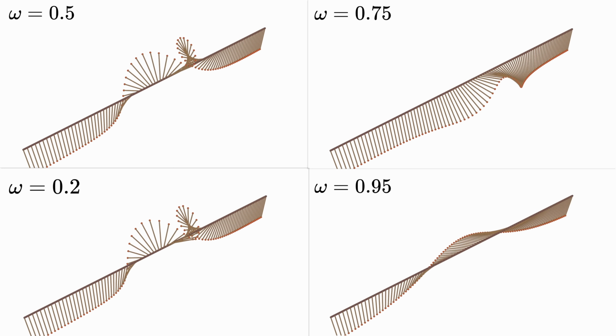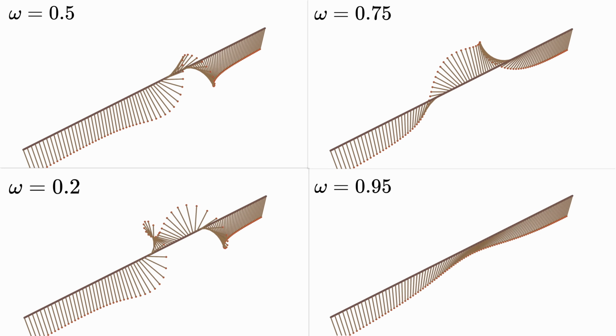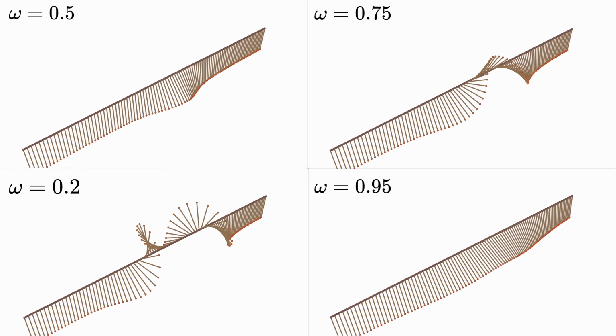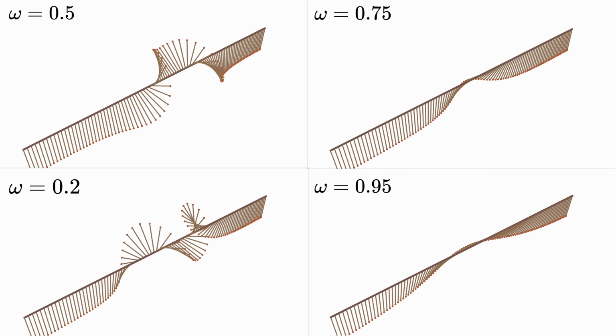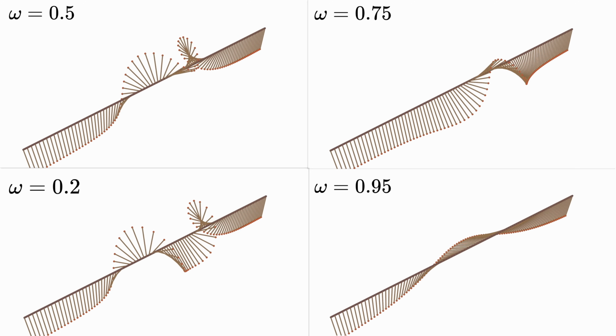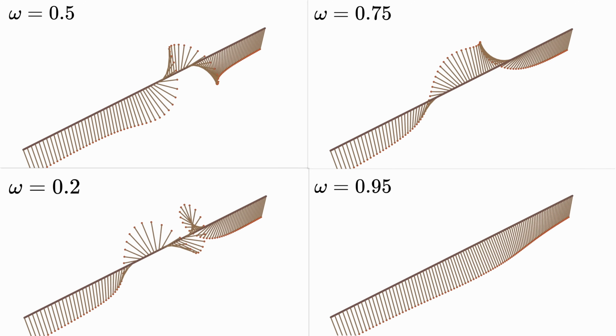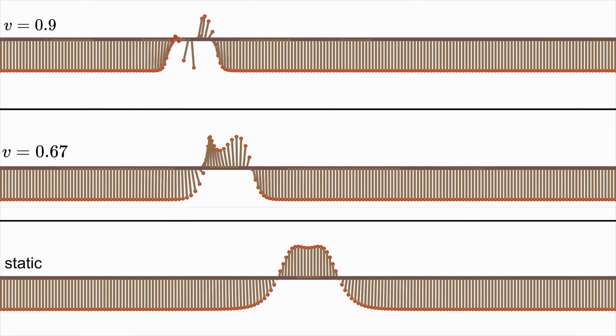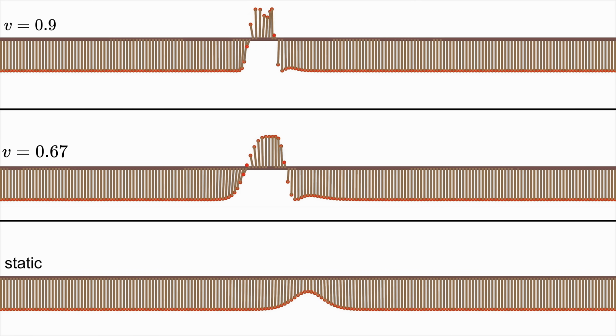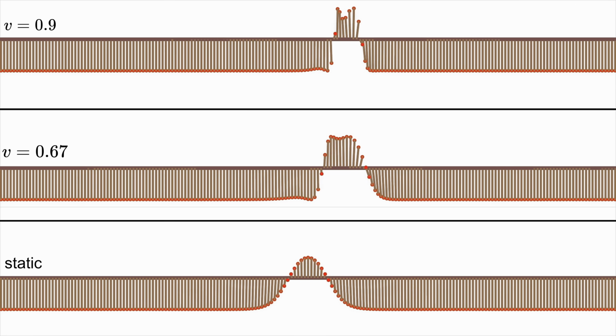This configuration basically means that the kink and anti-kink pair do not have enough energy to escape to infinity. It is basically a soliton molecule, but the interesting thing is that you can think of a breather as a clock. And if you make this configuration move, the frequency of the breather decreases according to relativistic time dilation.